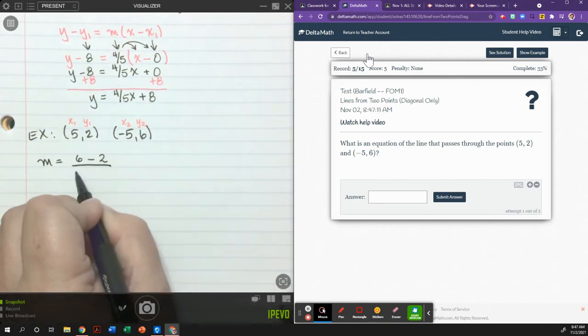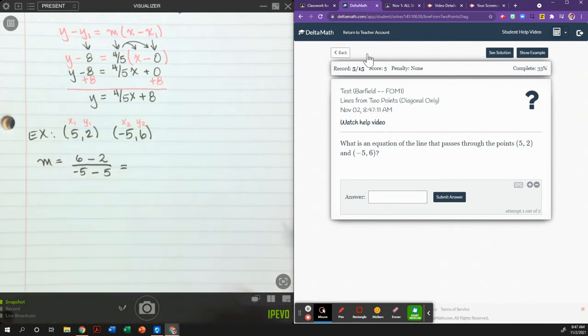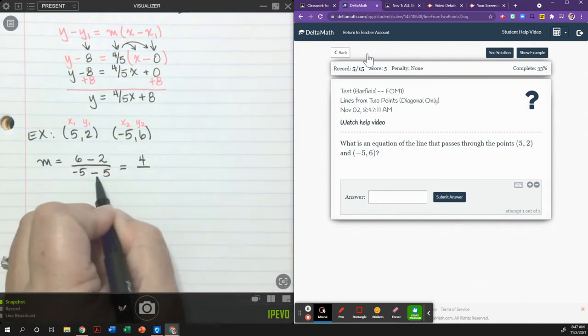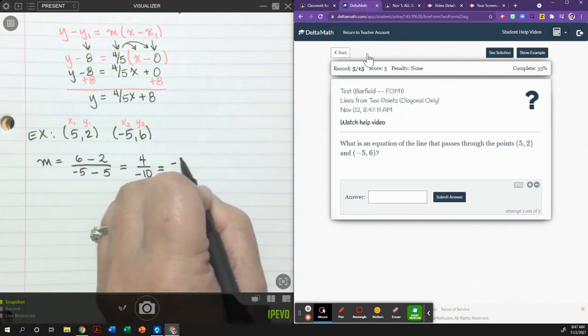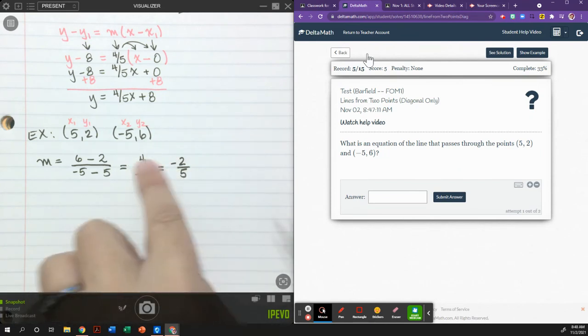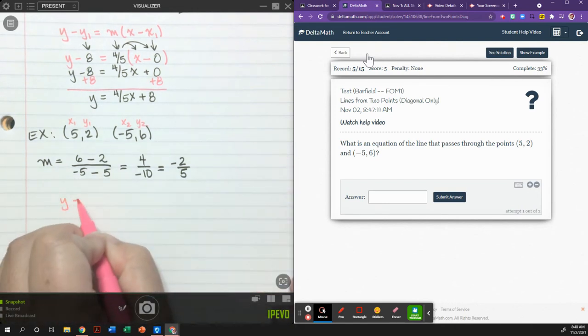All right, 6 minus 2, over x2 which is negative 5, minus 5. 6 minus 2 is 4. Negative 5 minus 5 is negative 10. And that simplifies to negative 2/5. Again, you can use Desmos to figure out what the fraction simplifies to, if you're struggling with that.